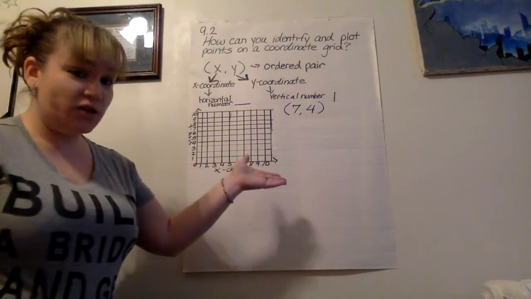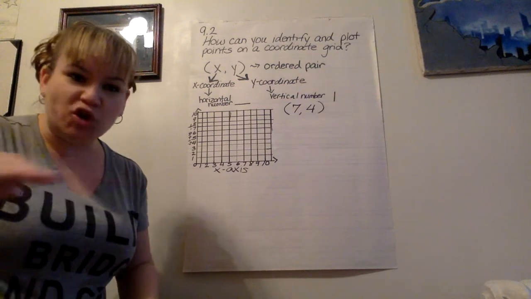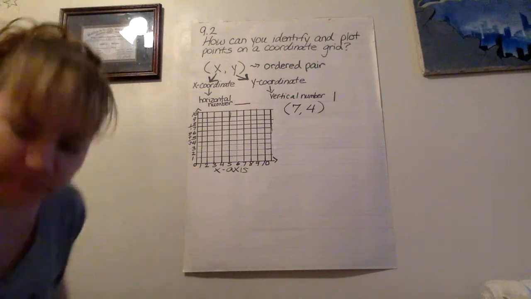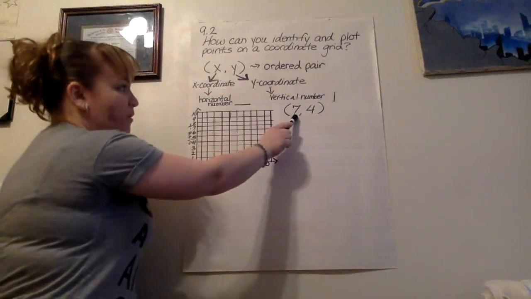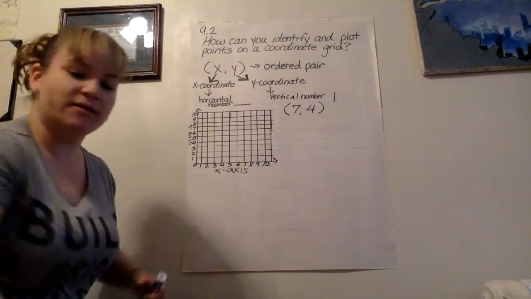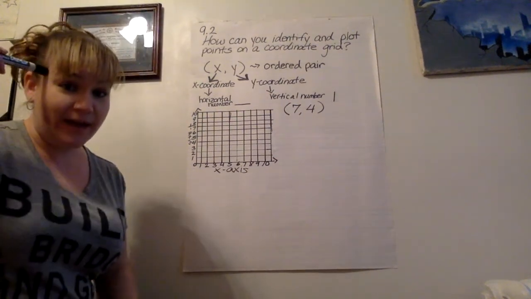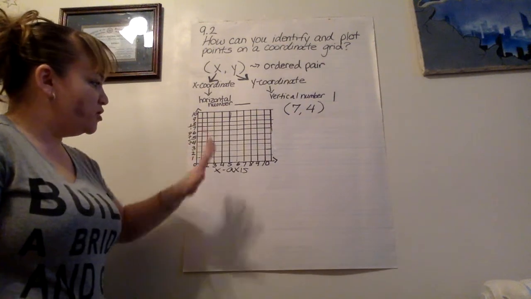But this is like a map, like searching for something. And I always think, because kids mess this up, thinking that Y should go first because I find it. So let's just show you.